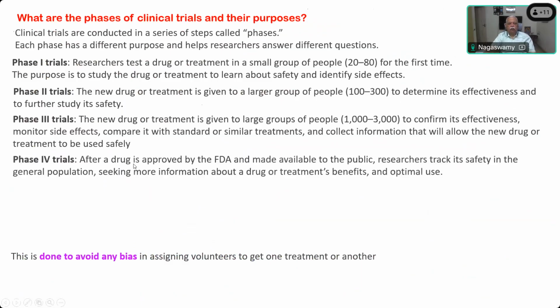And phase 4: after phase 3 has proved that the drug is effective and safe, it goes for FDA approval and is made available to the public. Then researchers track its safety in the general population, seeking more information about the drug or treatment's benefits and optimal use.